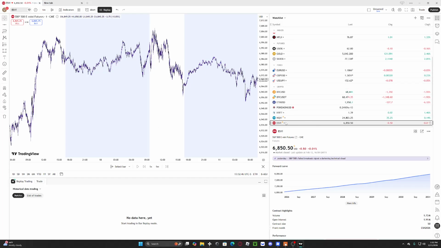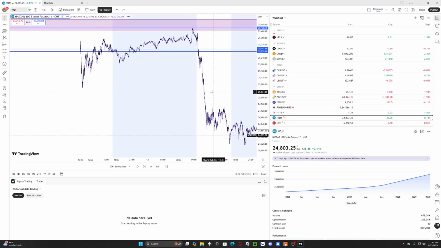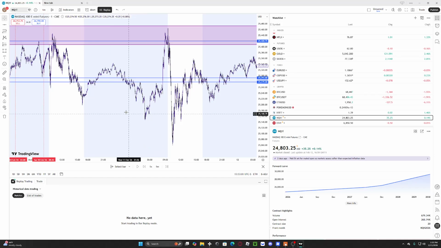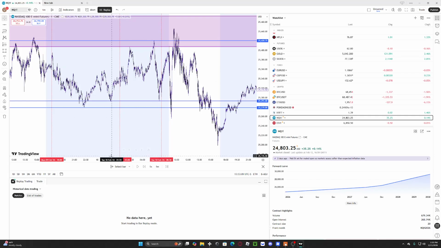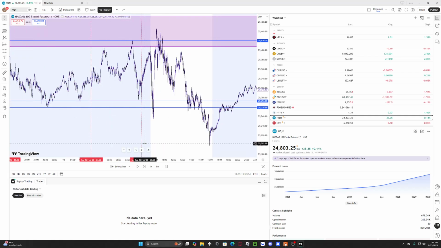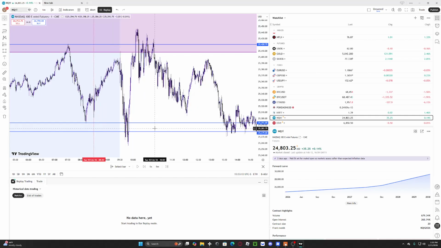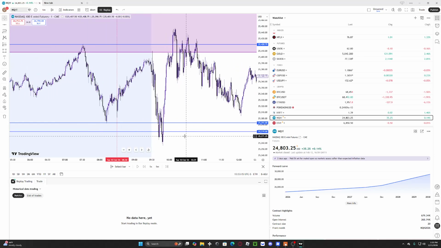So that creates an SMT divergence in the market. Since these are correlated indexes, it creates a lagging index. It shows that this one is waiting to push up, and is most likely going to push to the upside because ES already has and is moving up. So that's what that shows. That's a good confluence to go off of, which I like to use a lot.